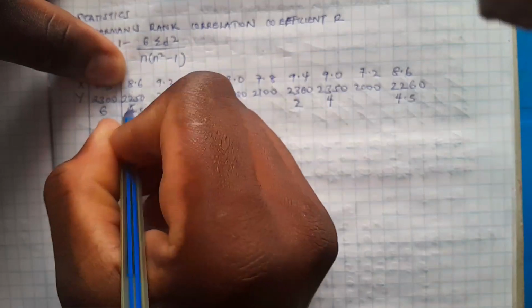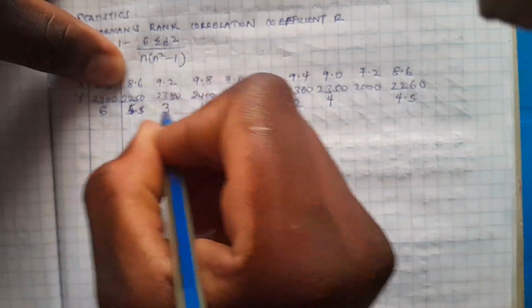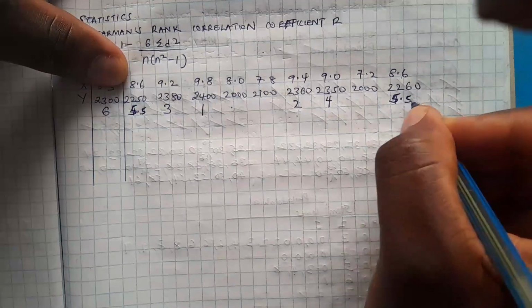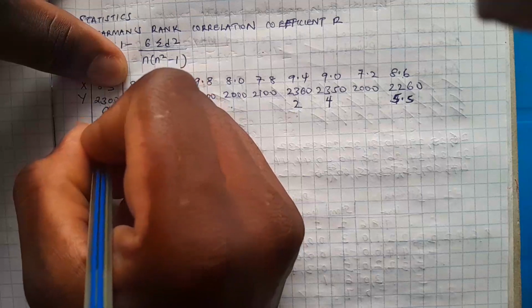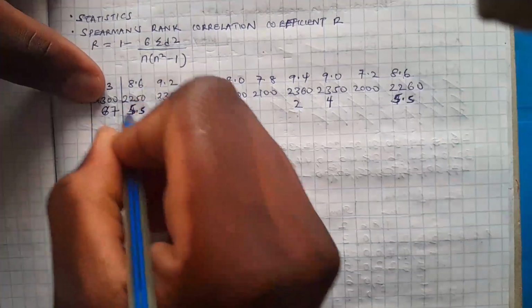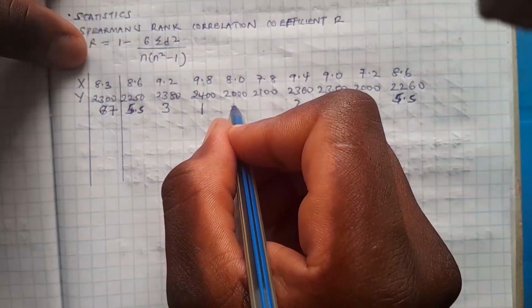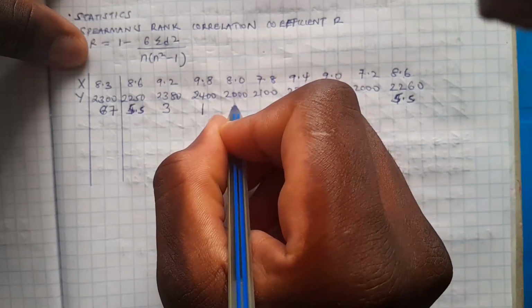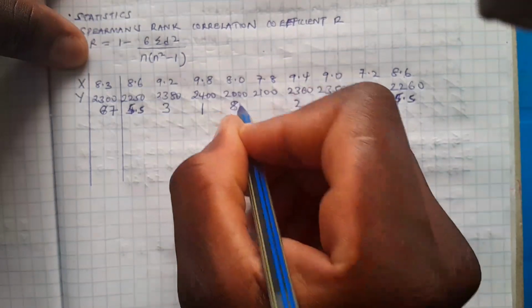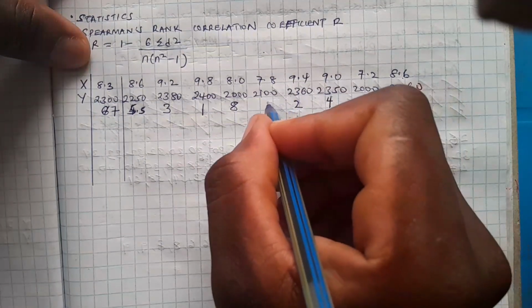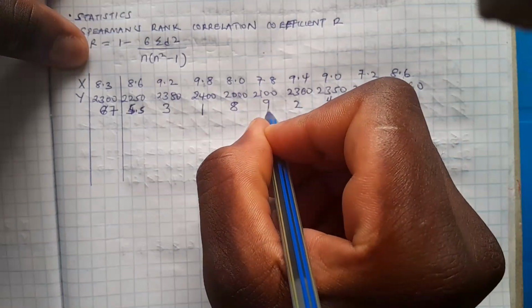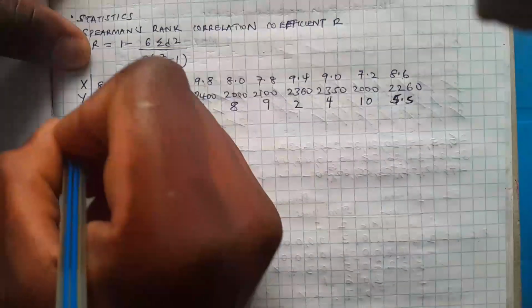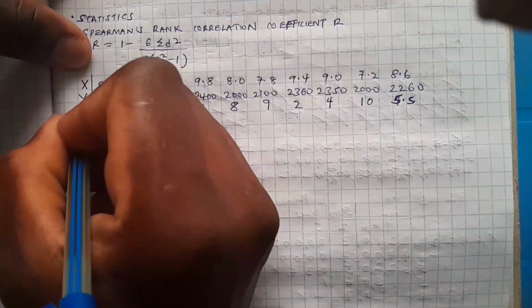The average is 5.5. 8.6 will be given rank 5.5, 8.6 will be given rank 5.5, and then this will be given the seventh rank. We proceed. The next rank should be rank 8. 8.0 is now assigned the 8th rank. We have 7.0. We'll assign it the 9th rank, and this one will be assigned the 10th rank. Now this is rank X.